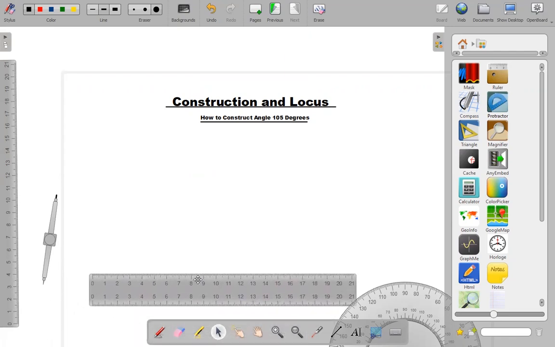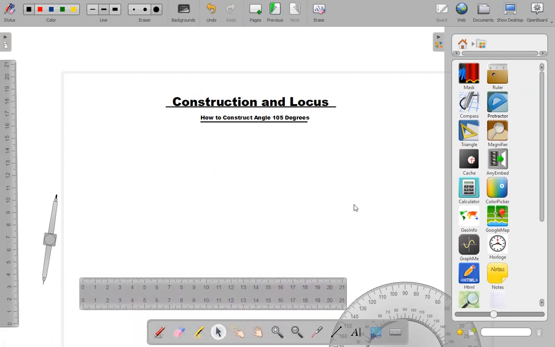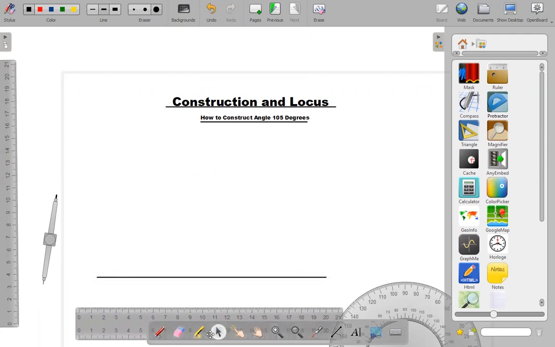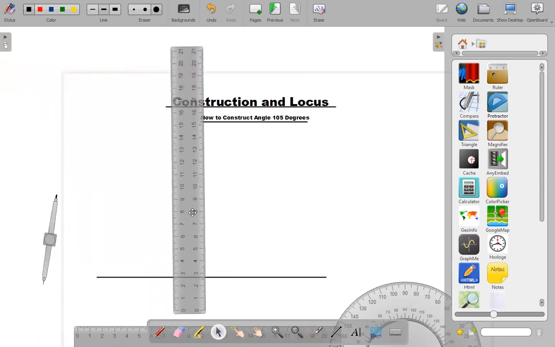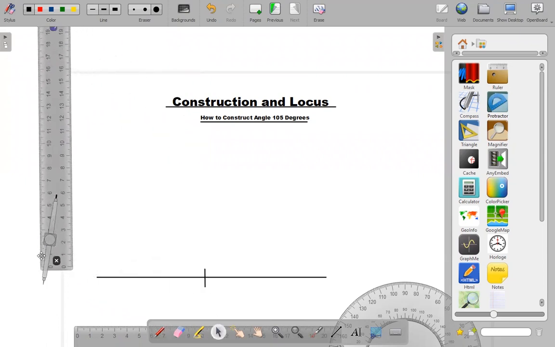So to get 90 degrees, we start by drawing a straight line. And we place a ruler to get the reference where the 90 wants to be. Then I'm going to make my 90 degrees there. And how do we get 90 degrees?